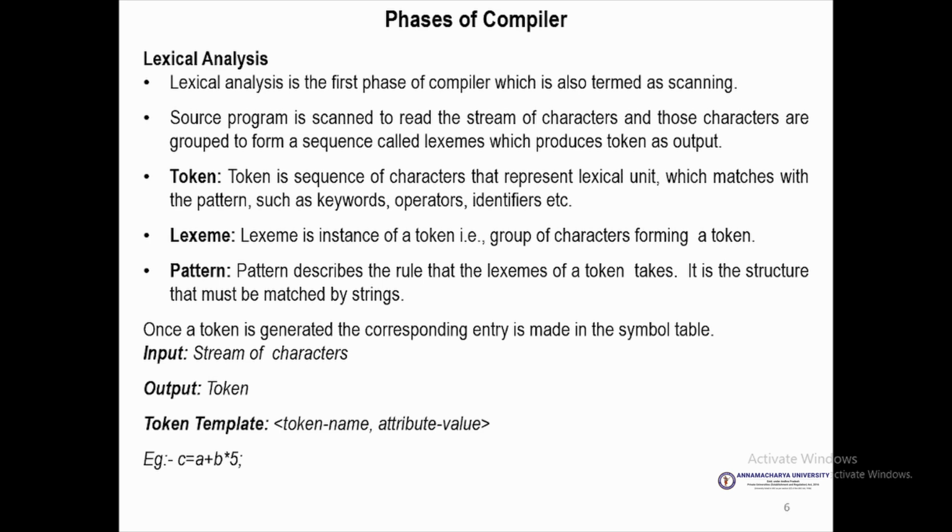Equal to, plus, and star are called operator type tokens. 5 is called a constant type token. So these are all the tokens generated in the lexical analysis phase.